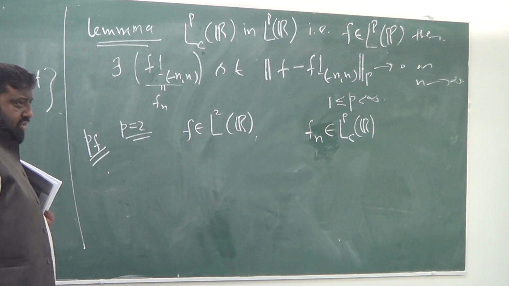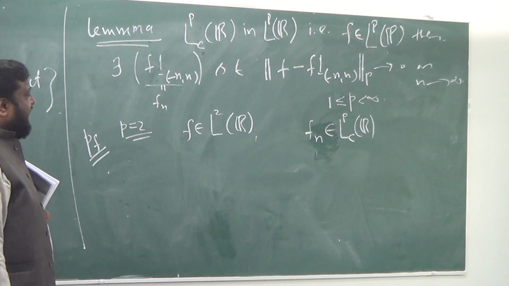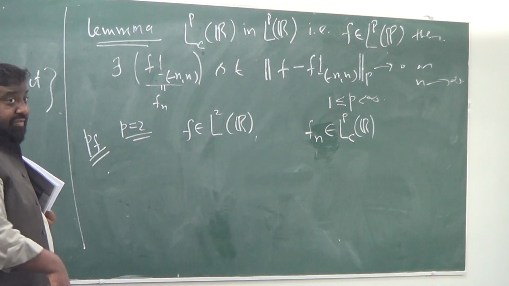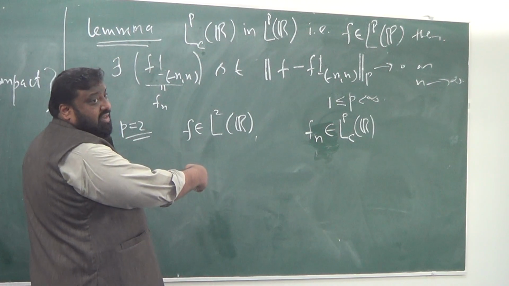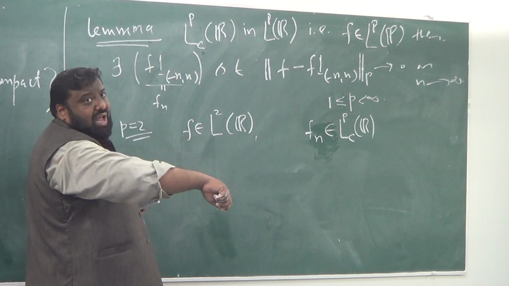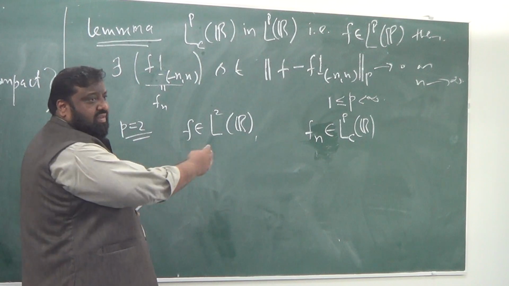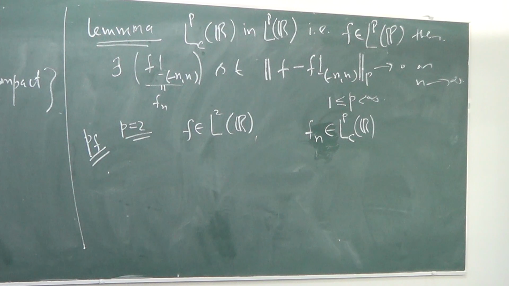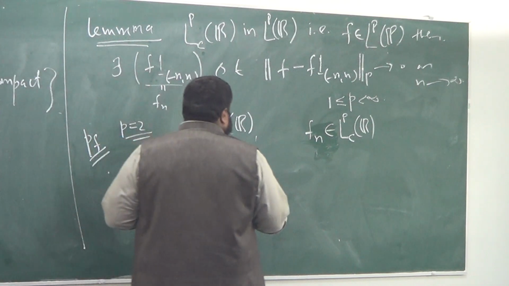It has compact support, and on each such interval it's equal to f, which is integrable. If f is integrable over the whole of R, it must be integrable on the parts where the function is defined. So essentially, it's pretty much obvious that this must be true. You can essentially show it as well.